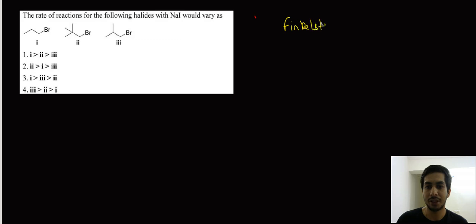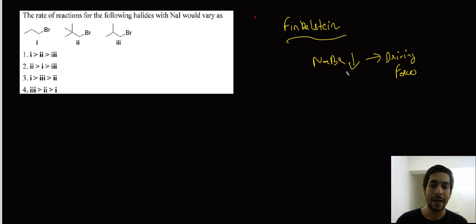Very simple NCERT based question, and over here sodium bromide is formed, because this iodide acts as a nucleophile, and the sodium bromide precipitates out. So this is the driving force for this reaction, the precipitation of sodium bromide, and this is an SN2 type reaction. This is nucleophilic substitution.